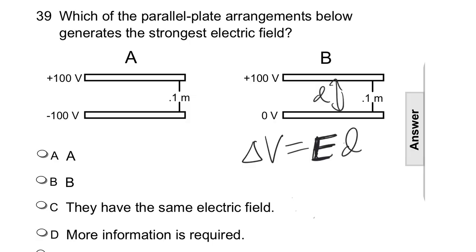Maybe you don't care, but because E, newtons over Coulomb, is electrical force over the charge that's being moved. D is the distance that a particle could move from one plate to the other. Voltage is a change in U over Q. Okay, change in U is work.